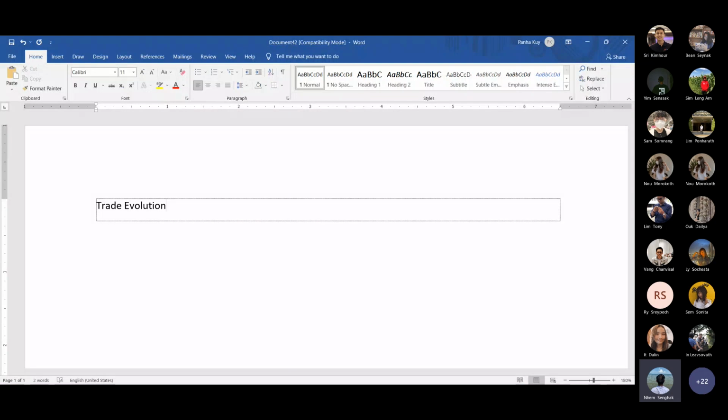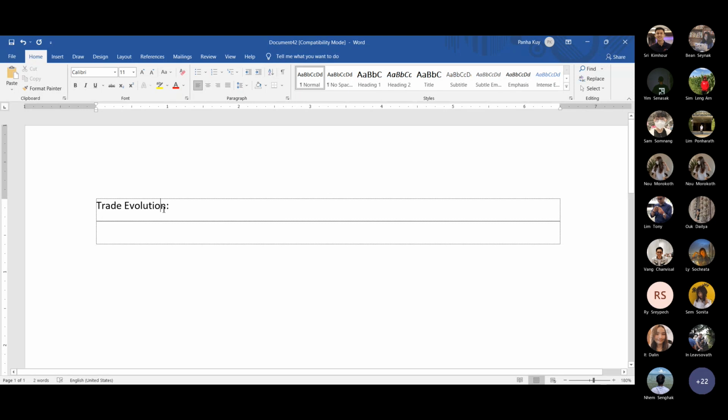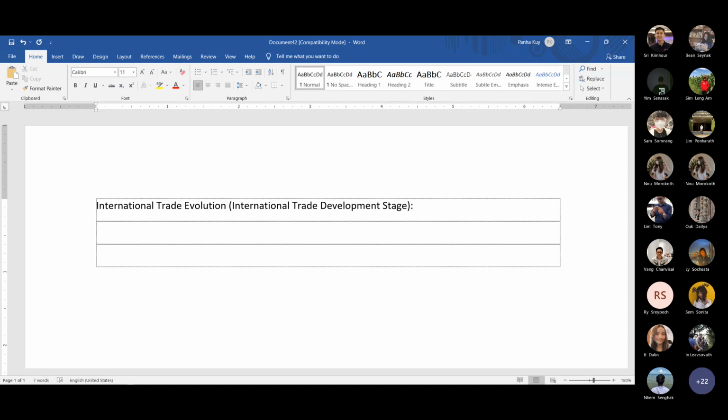Yes, lecturer. Good. The trade evolutions. You can call this the international trade evolution, or the international trade development stages.